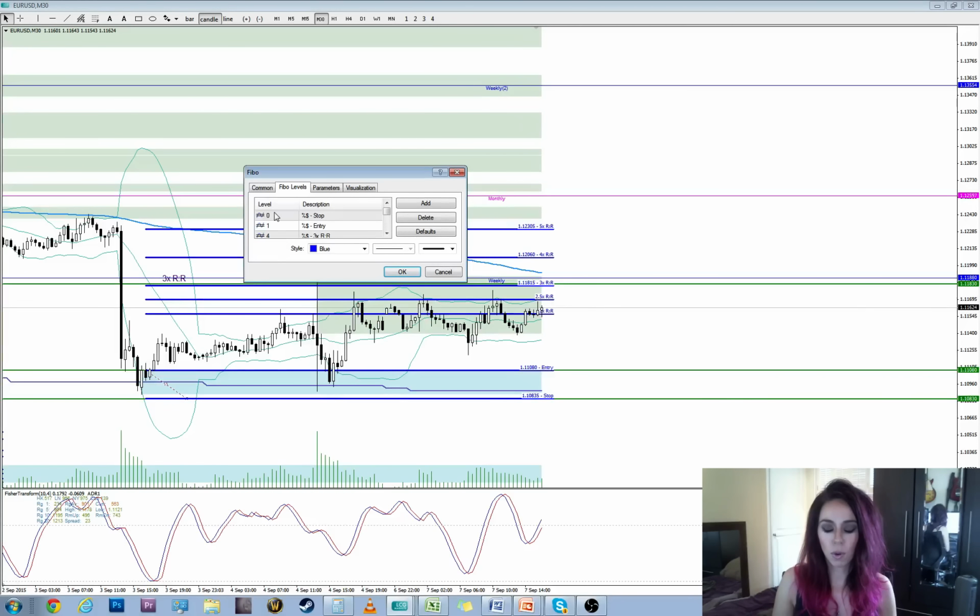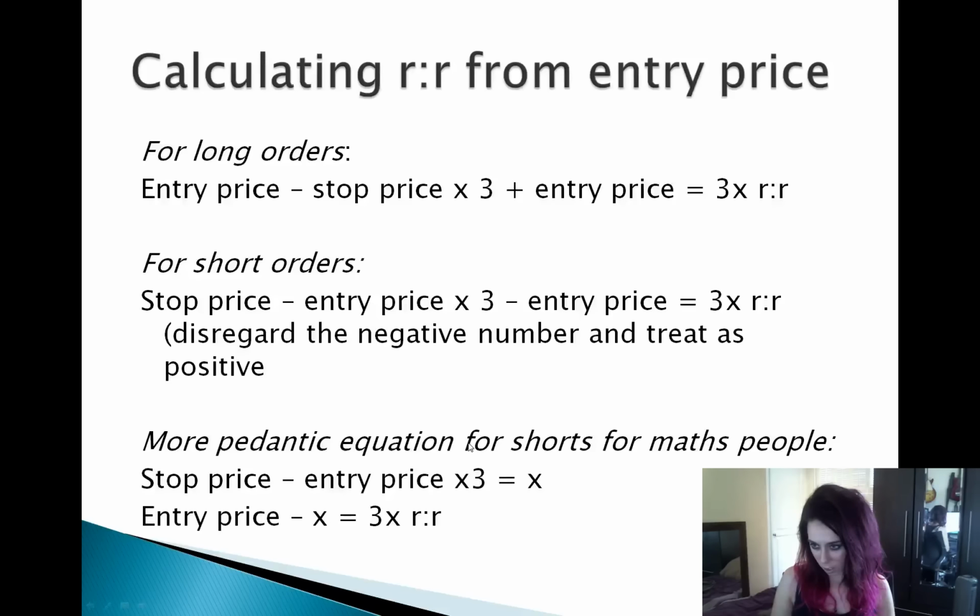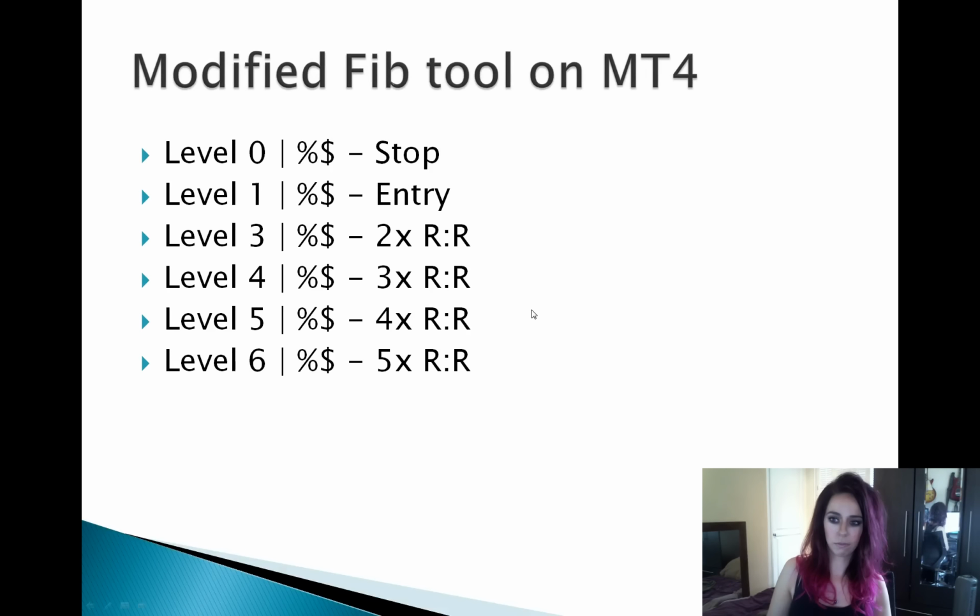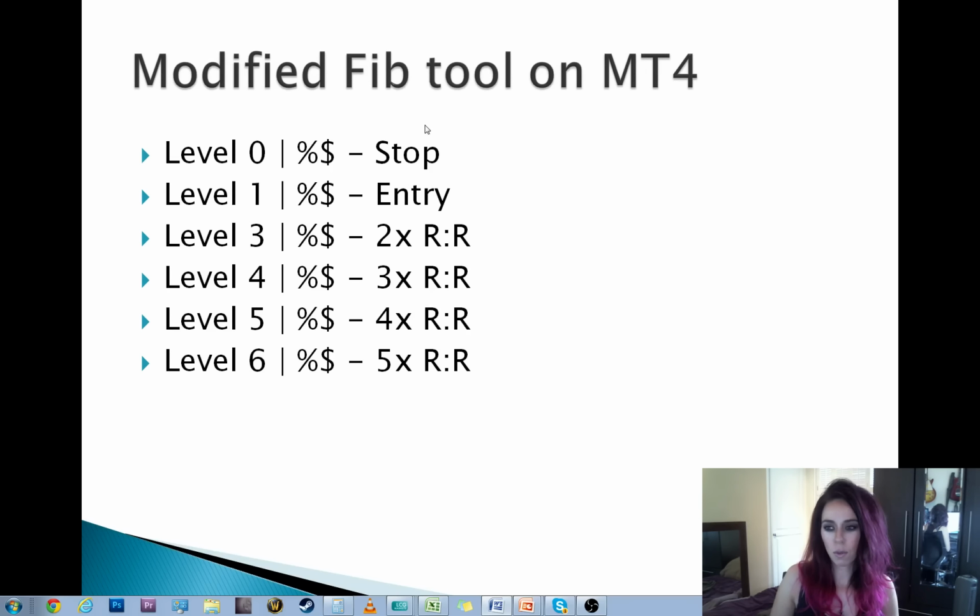Then you input the new values, and I shall give you these values here. Level 0 will be your stop, level 1 will be your entry, level 3 represents 2 times risk reward, level 4 represents 3 times risk reward, and so on and so on.